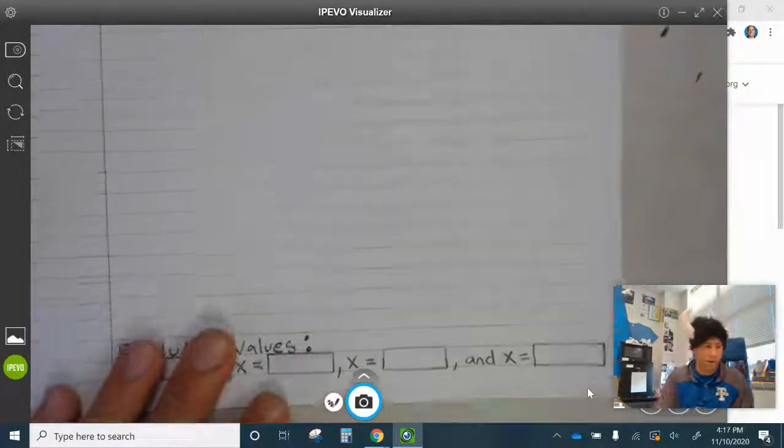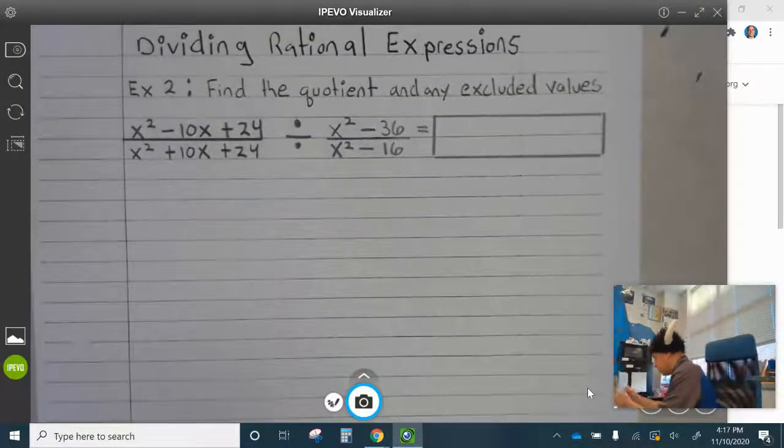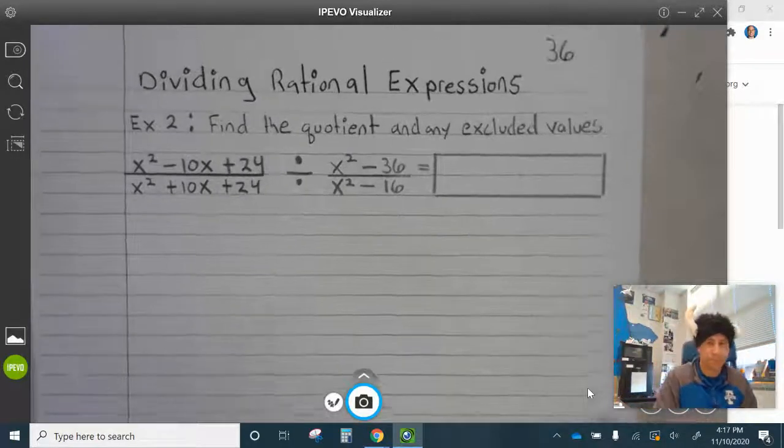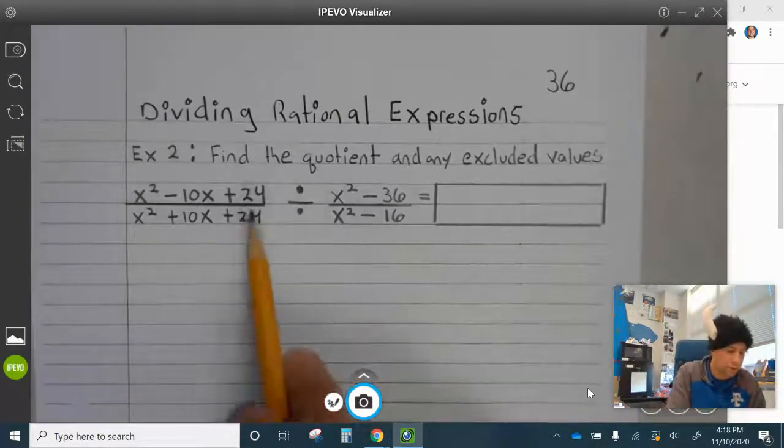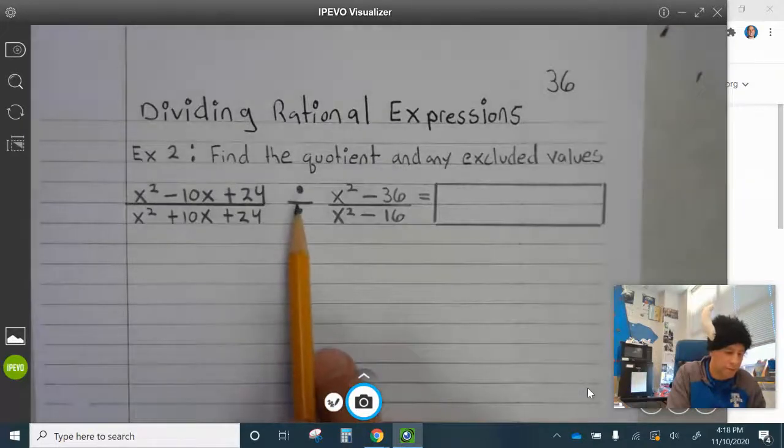All right, now let's take a look at example 2. Dividing rational expressions, journal page 36. Example 2, find the quotient and any excluded values. So first off, instead of dividing, we need to multiply by the reciprocal.